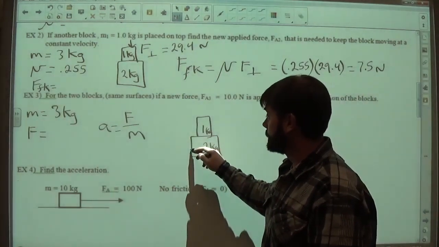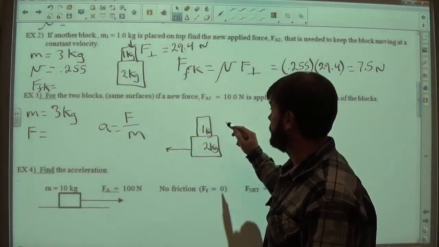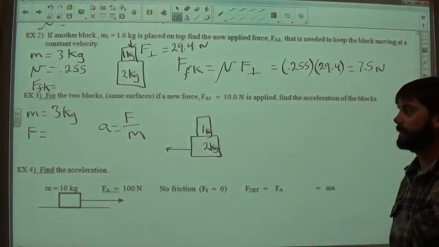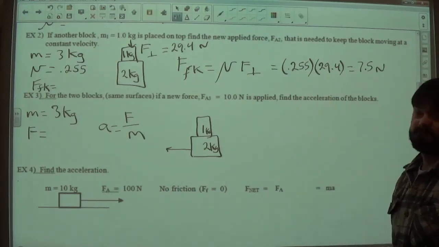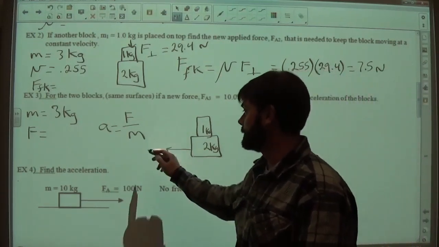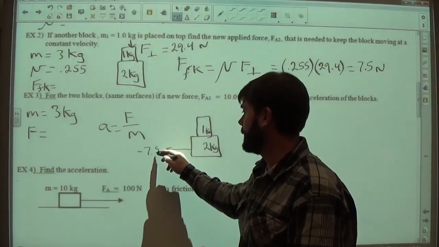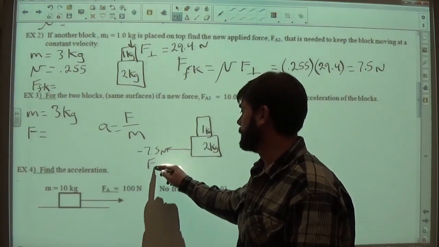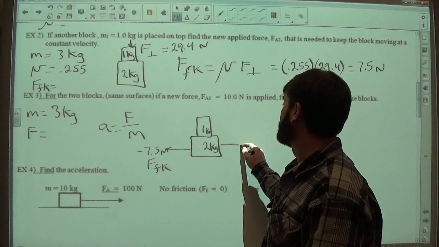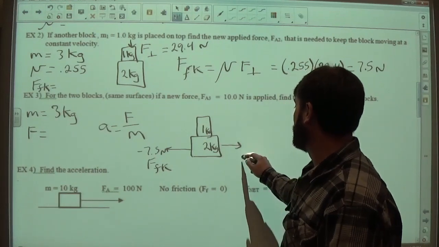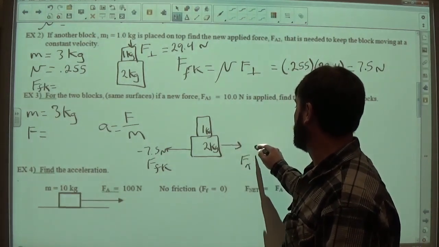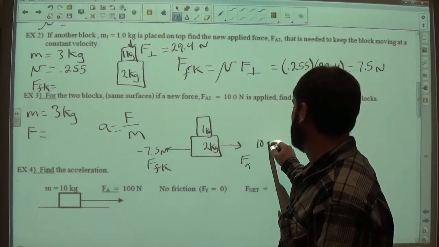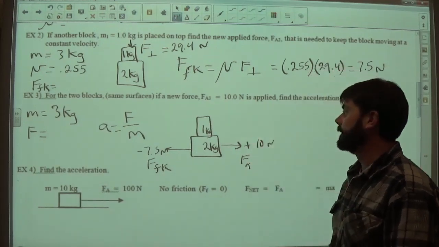There's a frictional force going this way that's equal to whatever we just calculated up above. So 7.5 newtons. So let's just say that this is negative 7.5 newtons going this way. This is your force of friction kinetic. There's a force going this way now. We can call this the force applied, whatever we want. This is a positive 10 newtons in this direction.